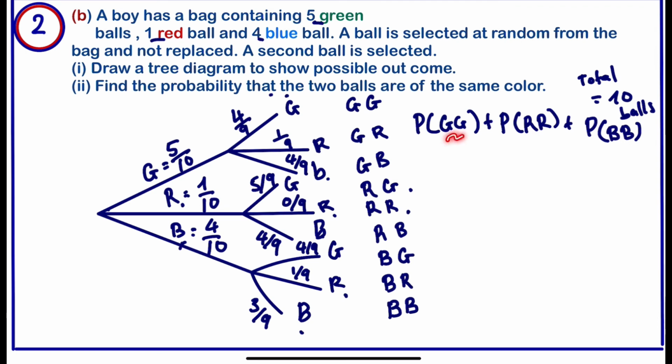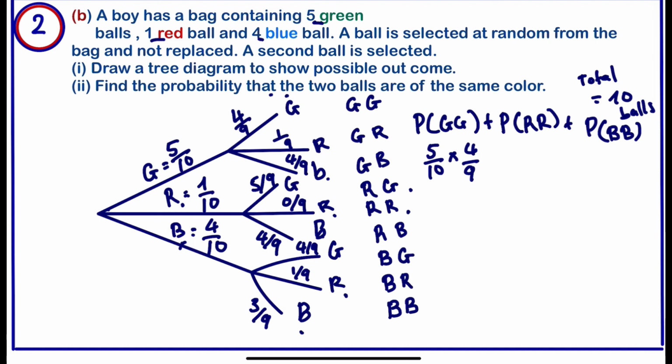So we are going to use our various probabilities: this times this, plus red times red, be careful, plus blue times blue, and we are going to simplify. The first one is going to be 5 over 10 times 4 over 9.